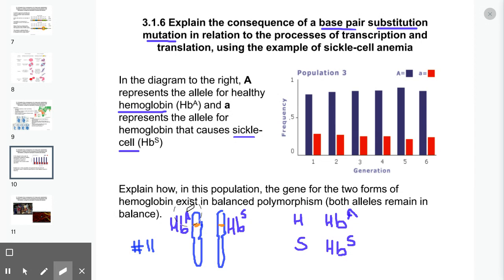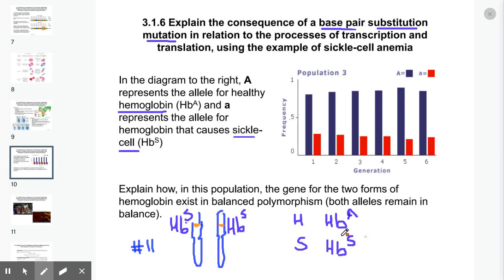Or maybe both your parents gave you the sickle cell form. So you could have two HBSs like this. And these definitely have different effects on your health, and we're going to find out in the activity how much protection it gives you against a disease called malaria.